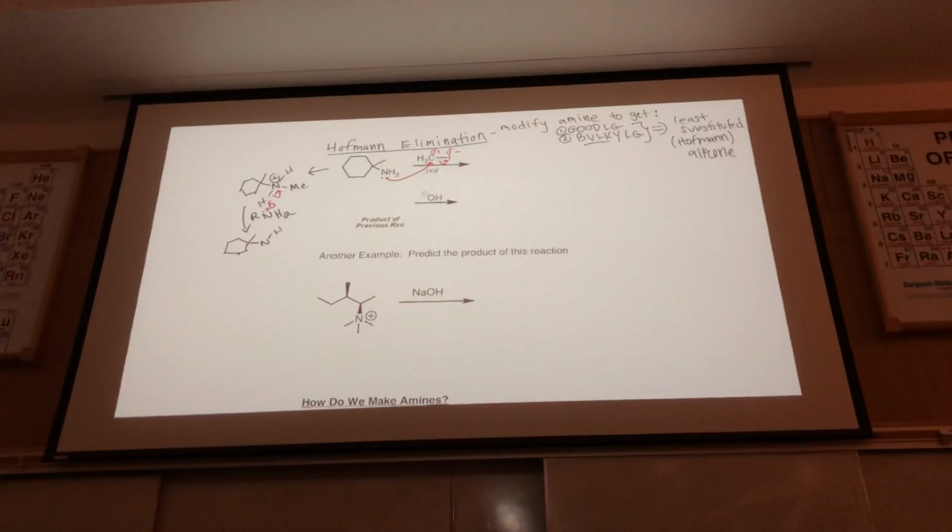And H. Now we have our neutral amine. We have our lone pair back. Okay, what can that lone pair do? Attack another equivalent of methyl iodide. I'll just take up this spot down here. CH3I.